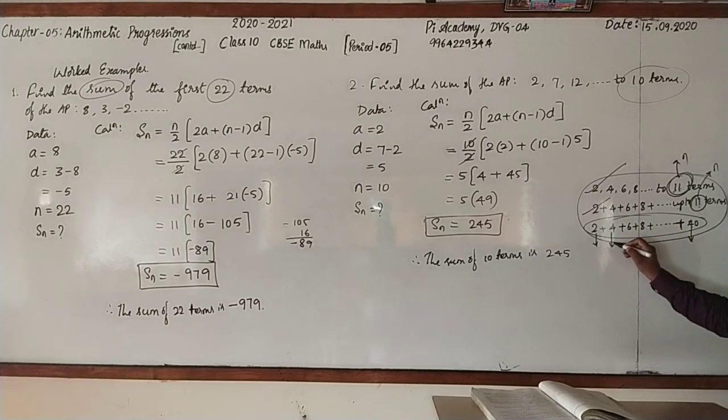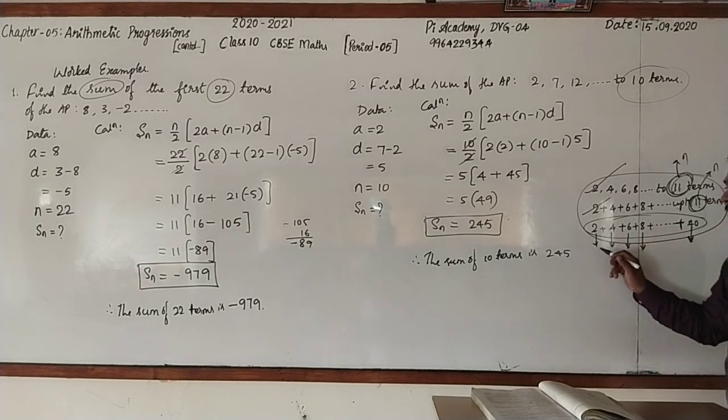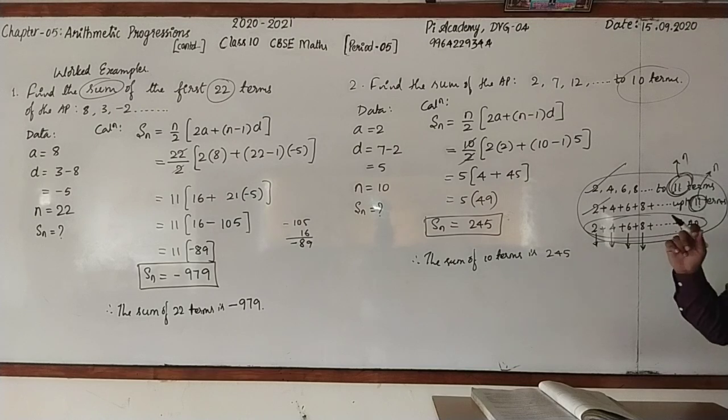So 2 is the first term, 4 is the second term, 6 is the third term, 8 is the fourth term, and likewise 40 is the last term, that is the nth term. But these are the number of terms. Hope that you have understood. Now let us take one problem related to this, where we have to find the number of terms when the last term is given.